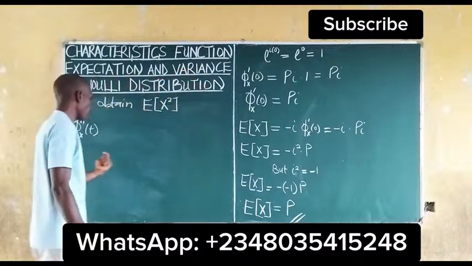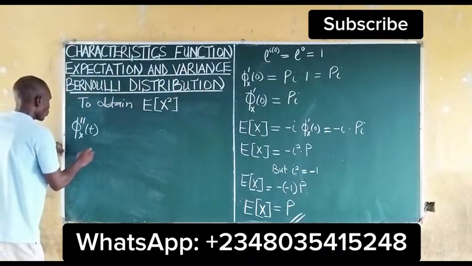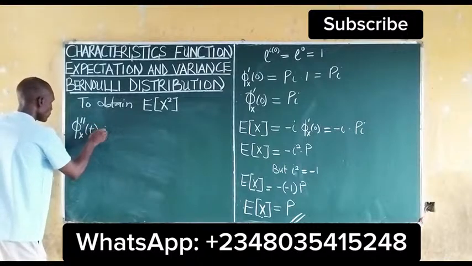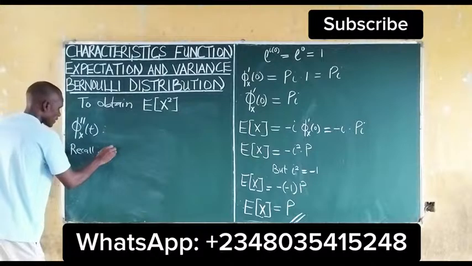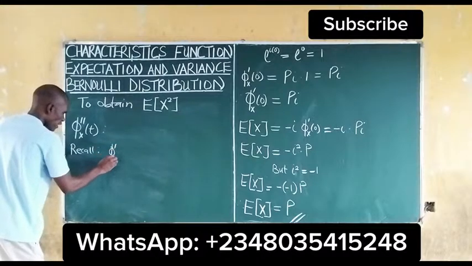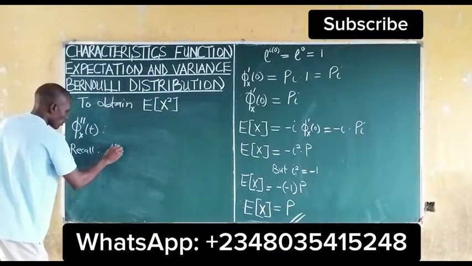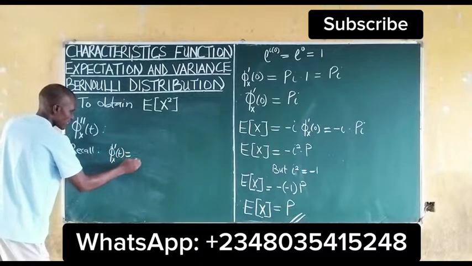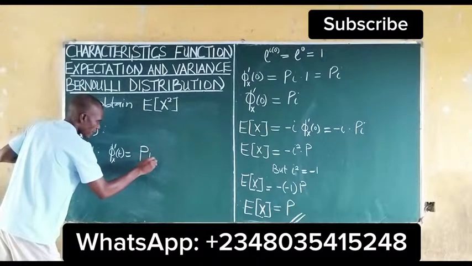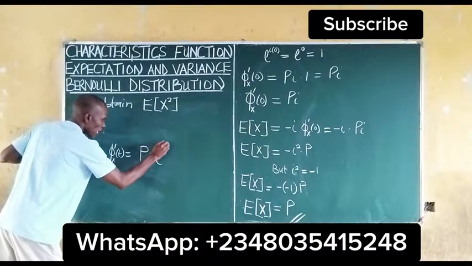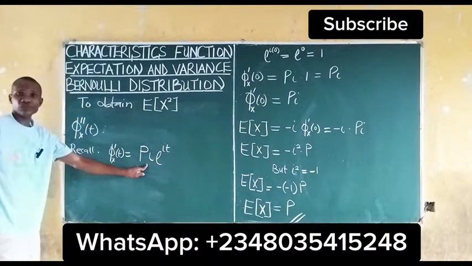We'll have to write it out first. Recall that the first derivative of our characteristic function at t is p i e^(it). This is what we got.